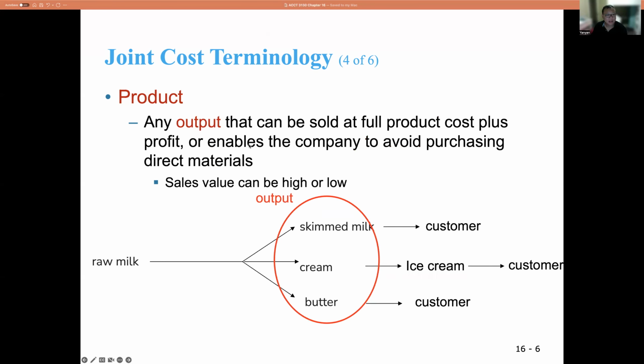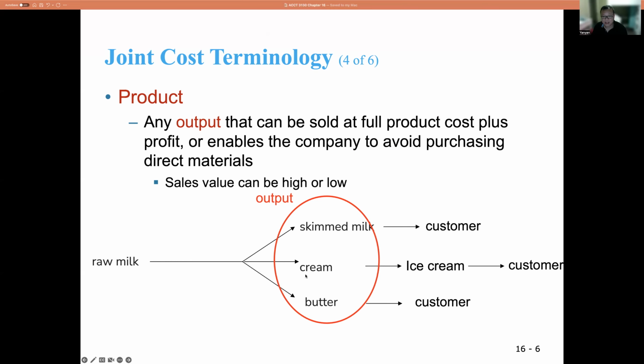What is a product? Any output that can be sold at full product cost plus profit, or that enables the company to avoid purchasing direct materials. So in this case, you can sell the skimmed milk directly to a customer. So that's a product. The butter, you can sell directly to a customer.